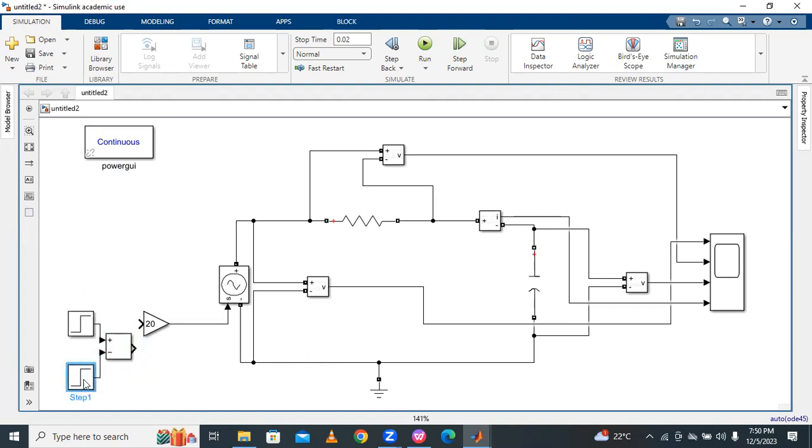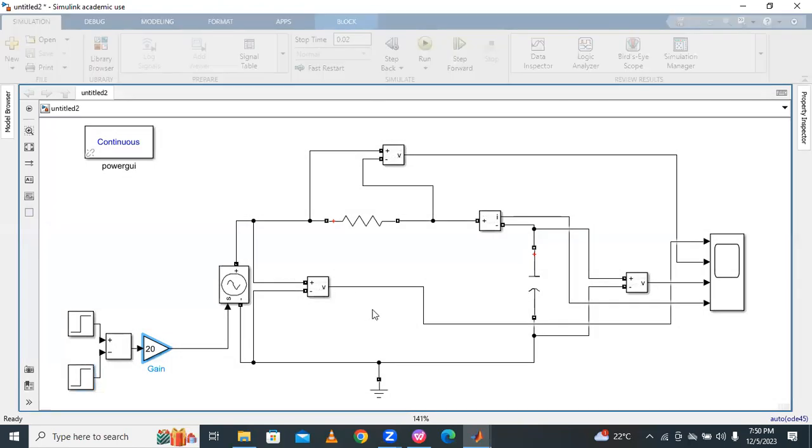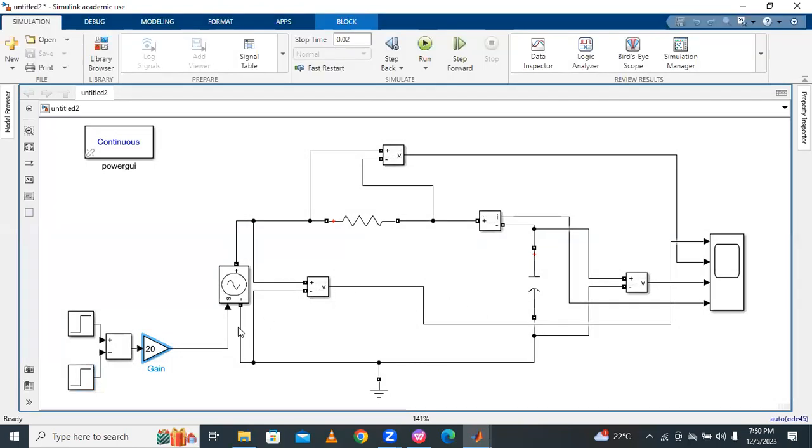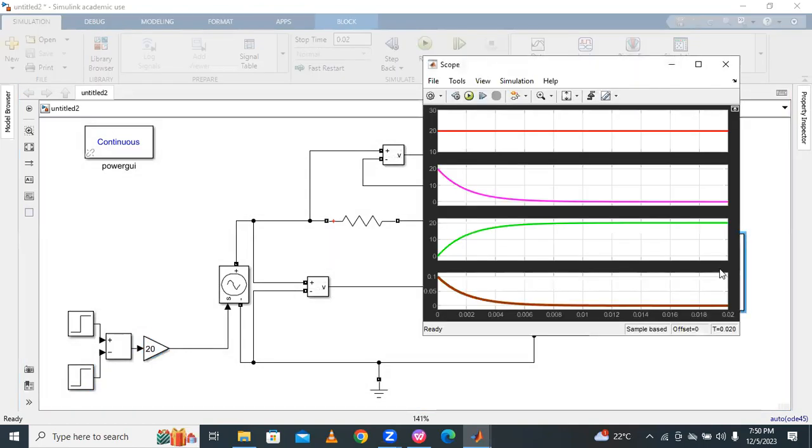So this is 20 into u of t minus u of t minus 1, where the delay is the pulse width 0.05, from which the second step starts. Then simulate. The first signal is our input.